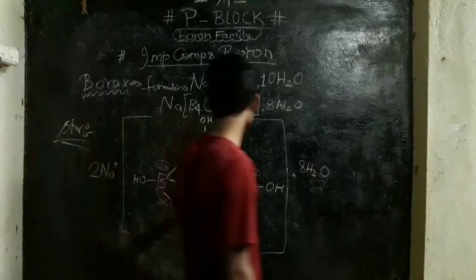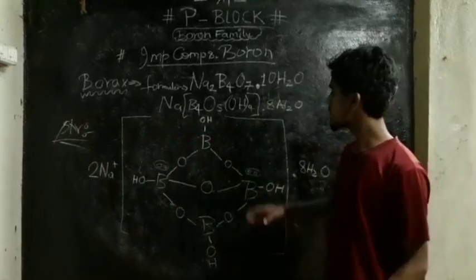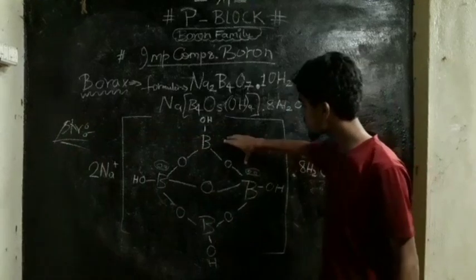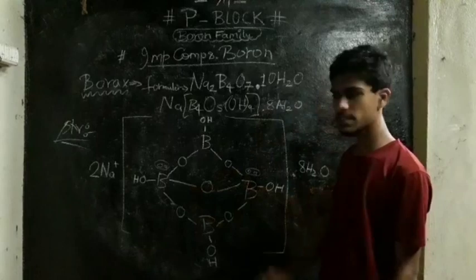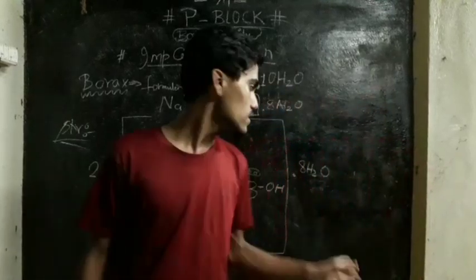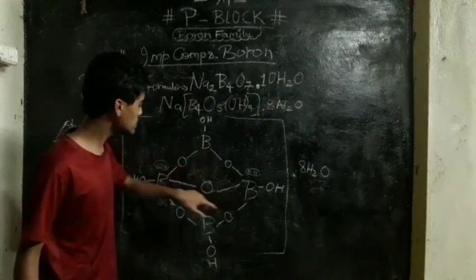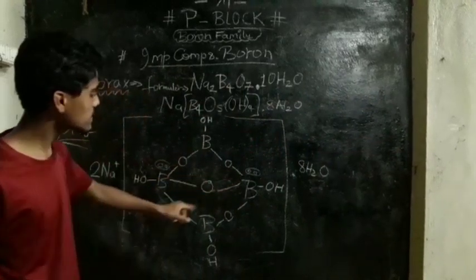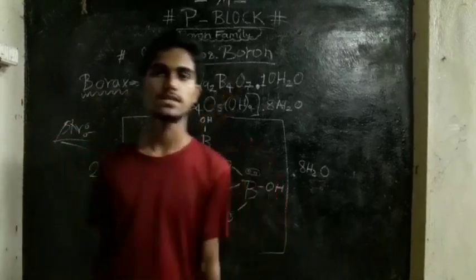We can also count the types of bonds, like B-O-B bonds. Total number of B-O-B bonds: 1, 2, 3, 4, 5. So we have a total of 5 B-O-B bonds. Like that we can also count B-O bonds. Total B-O bonds: 1, 2, 3, up to 14. So we have a total of 14 B-O bonds.